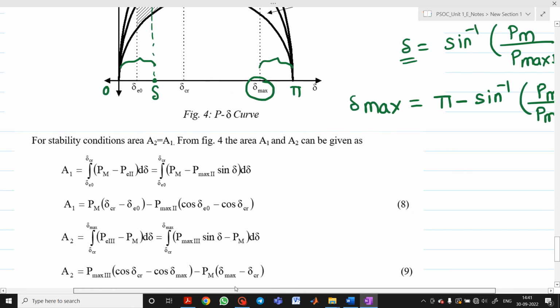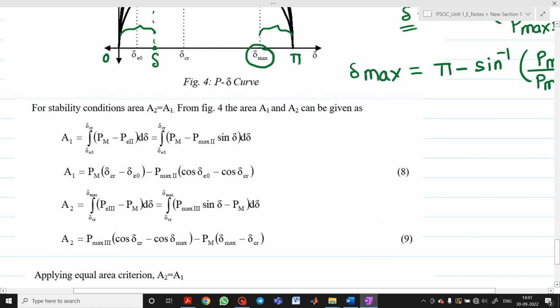Now we know that for the system to be stable, A2 will be equal to A1. So this is your A1 equation. PM minus, for PE2 we can write Pmax2 sin delta.